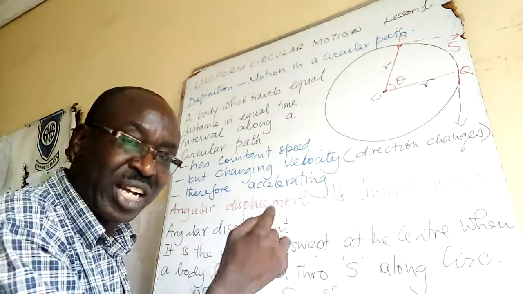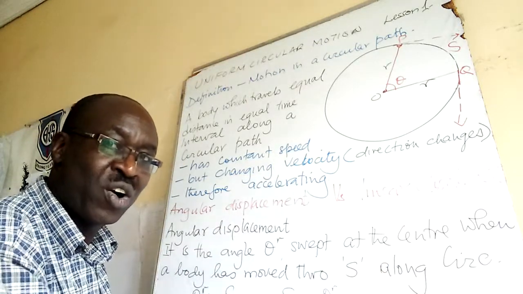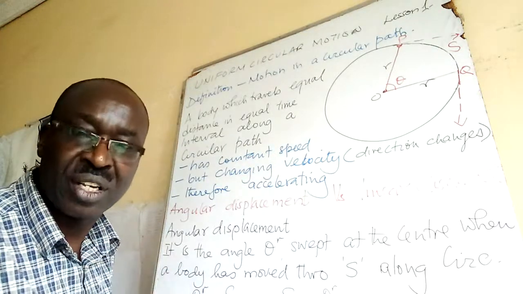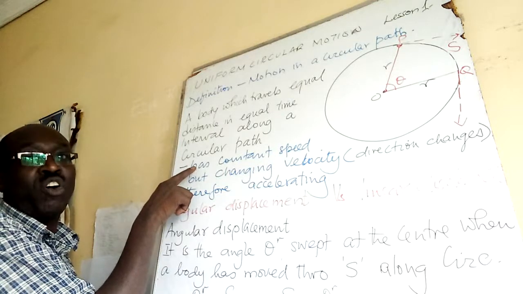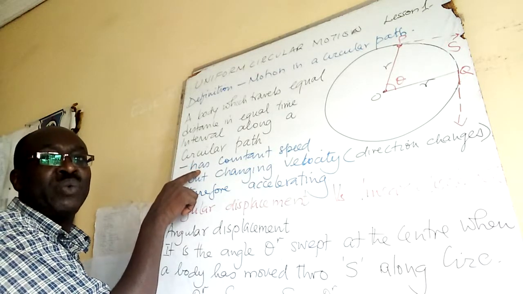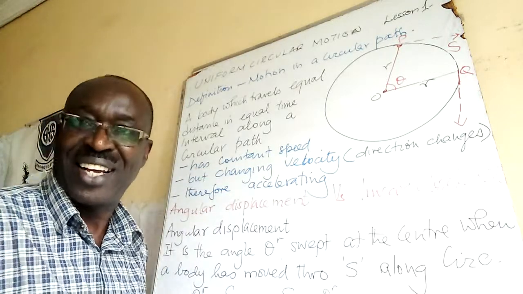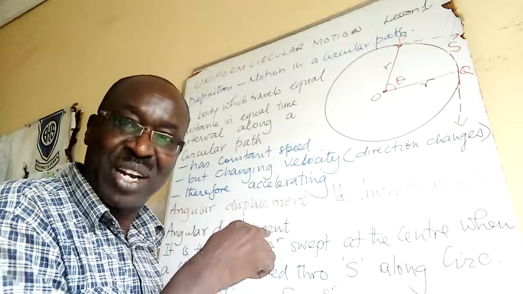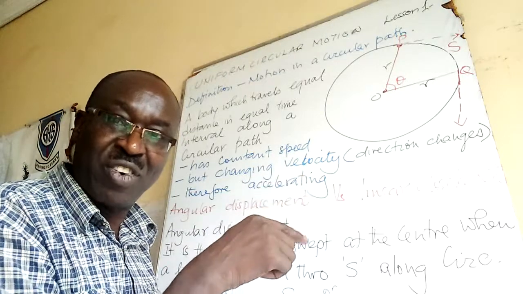Then down here, I'll talk of 2, 4, 6. What happens if that is the case? The body will be said to have a constant speed. 10 over 2, 5. 20 over 4, 5.